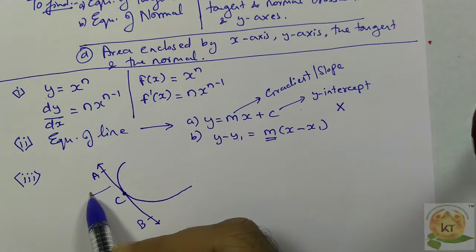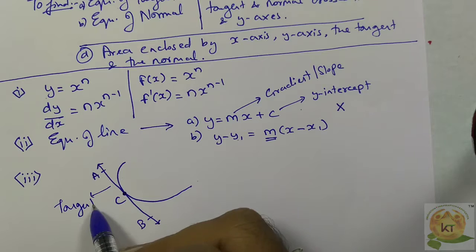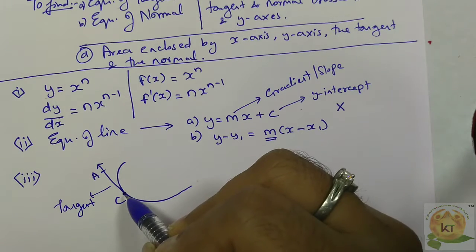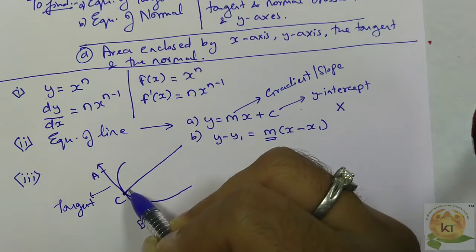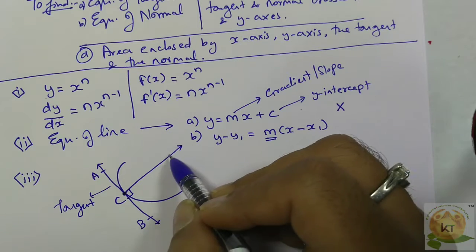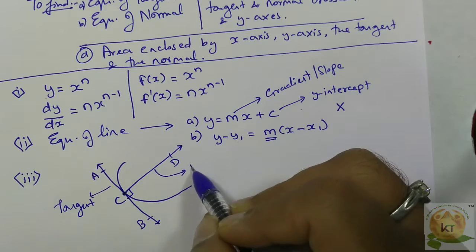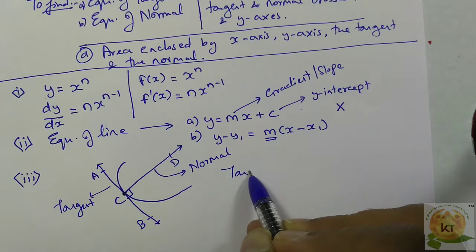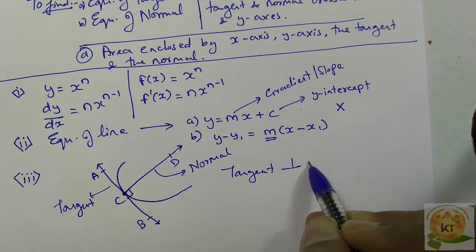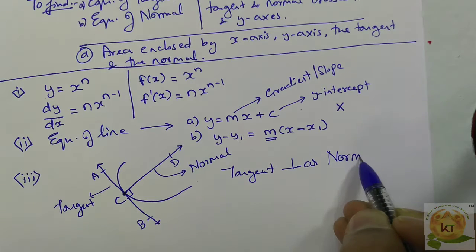So this is nothing but my tangent, and any line which passes through this point of intersection of the tangent and the curve and is perpendicular to the tangent is called the normal. So we know the relation between tangent and normal: a tangent is always perpendicular to the normal, or vice versa.